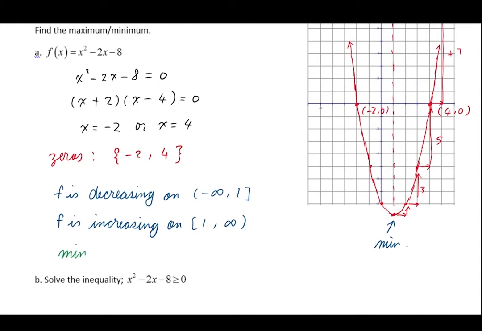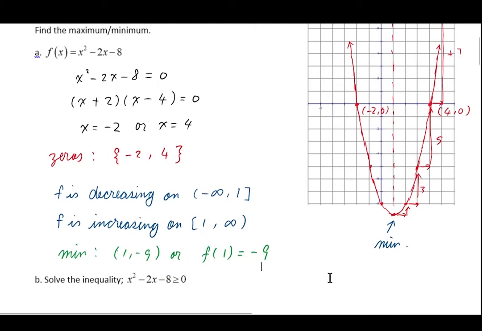Our minimum is, now this is incorrect because maximum and minimum is a y value, so we should not do that. One way to do it is give a coordinate, -9, like that, or better yet, give a function notation. Okay, so either this or that.